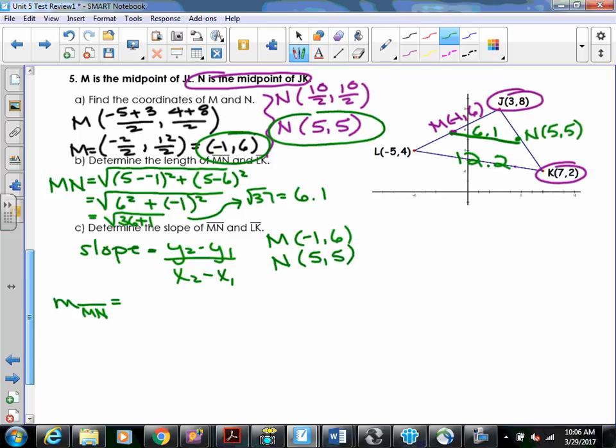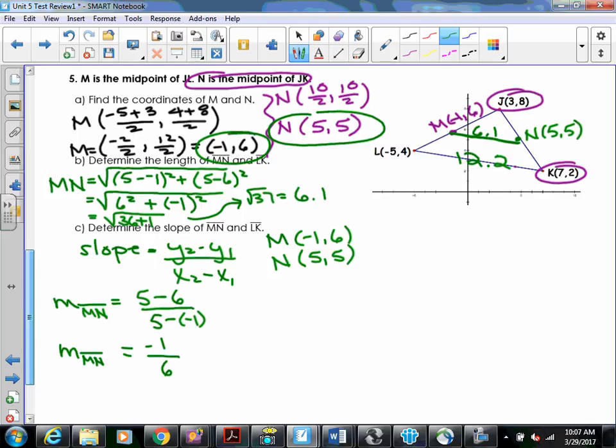Plugging in, Y2 is 5, 5 minus Y1, which is 6, divided by 5 minus negative 1. 5 minus 6 is negative 1. 5 minus negative 1 becomes a positive, so 5 plus 1 equals 6. So the slope for segment MN is equal to negative 1/6.